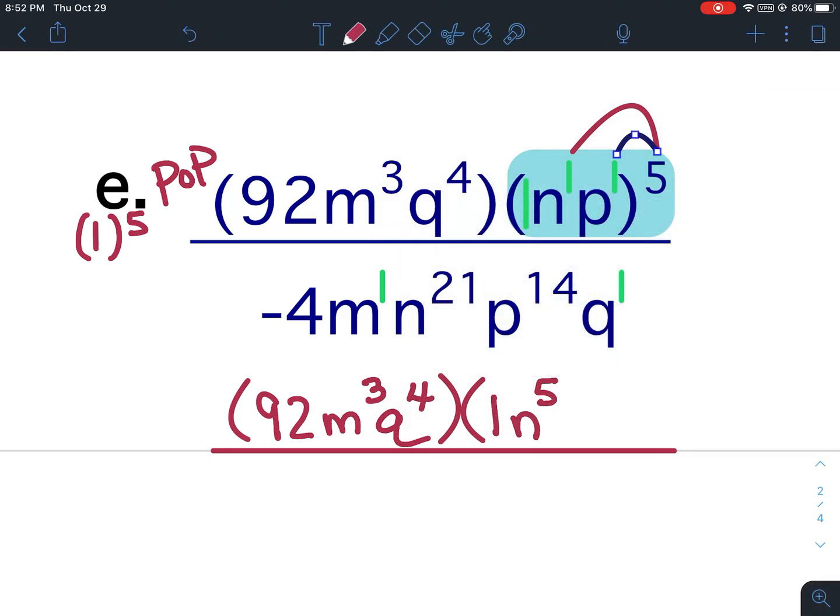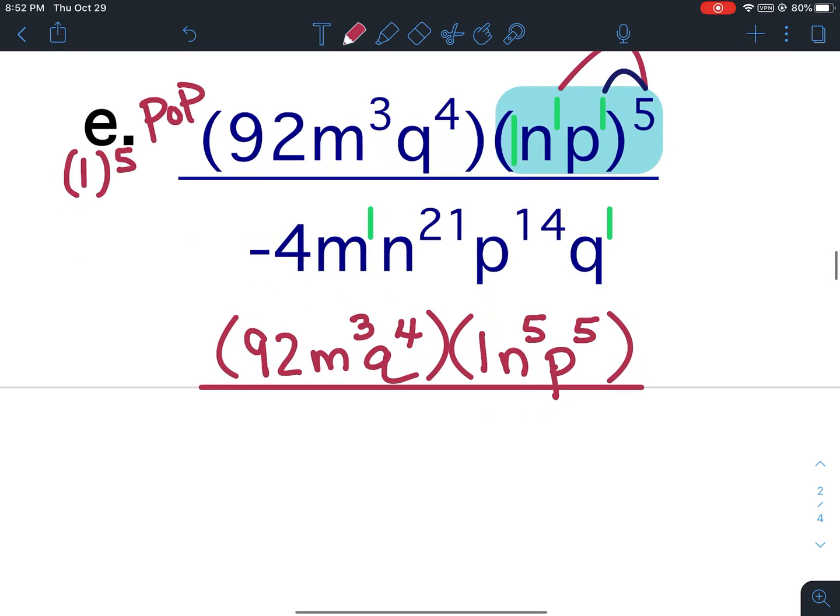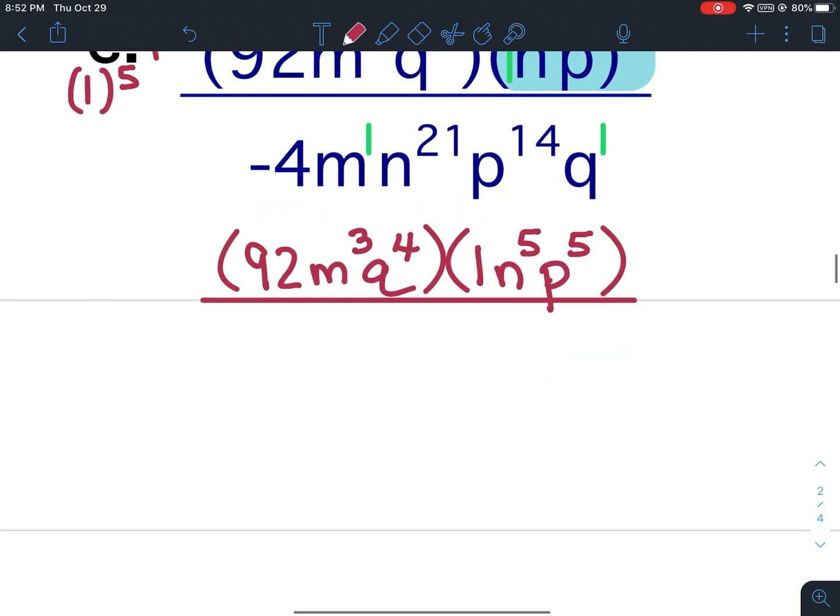And again, 1 times 5 would give me p to the 5th. Okay. I didn't need to do anything in the denominator, so I'm just going to bring it down.